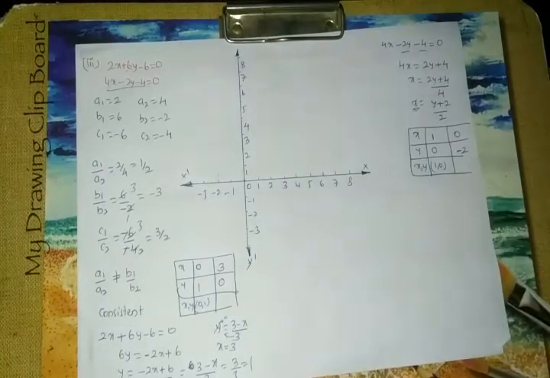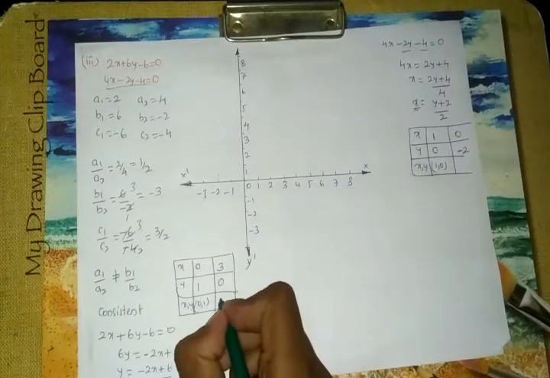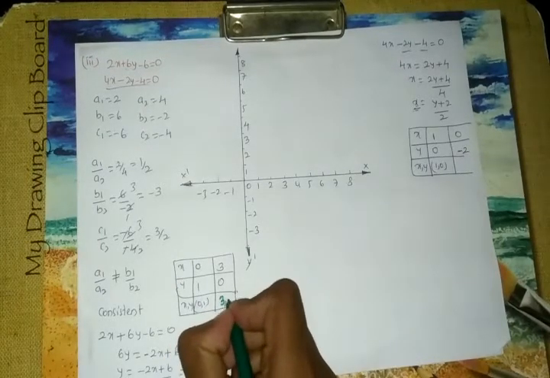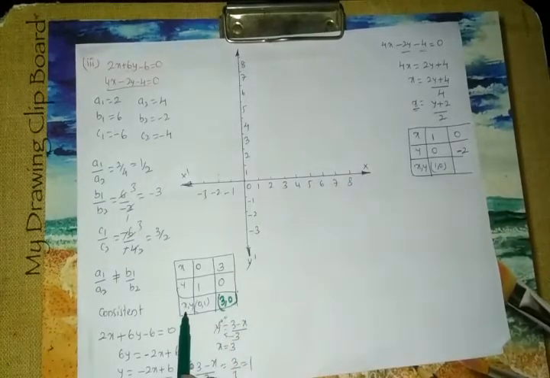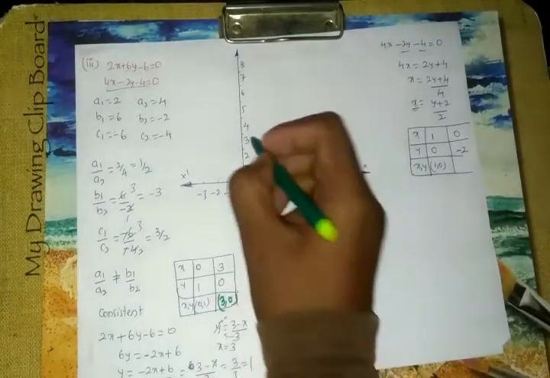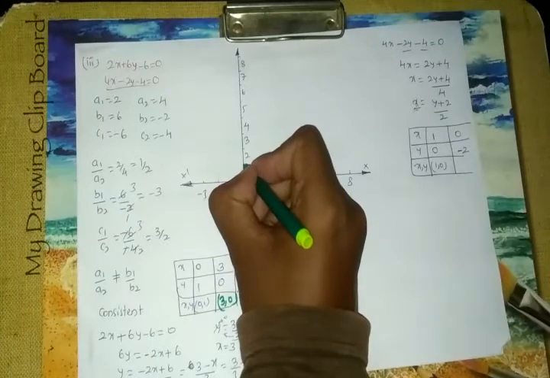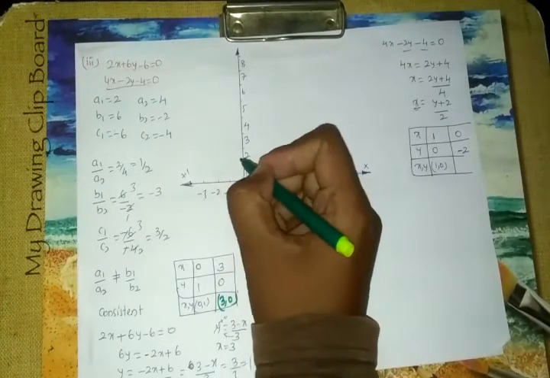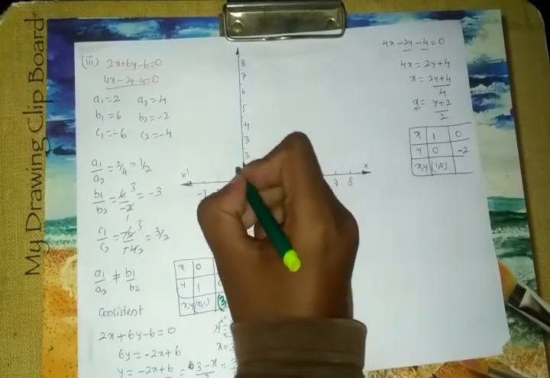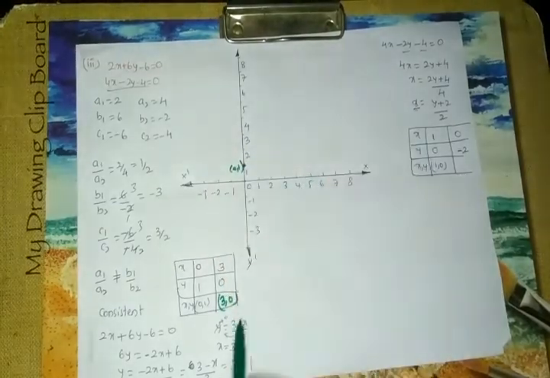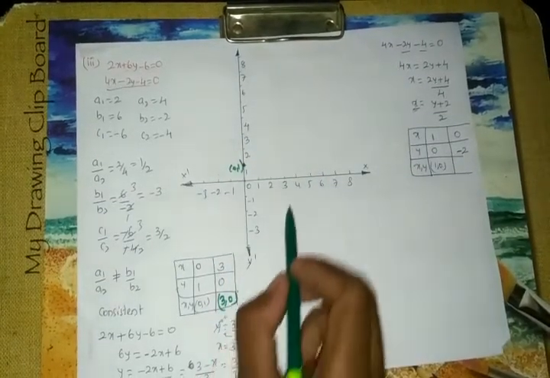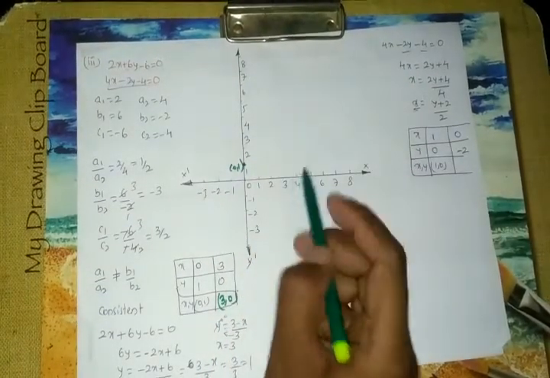Let me represent these points on the graph. So for equation 1, I have got points 0 comma 1 and 3 comma 0. When x is 0, y is 1. I got one point, which is 0 comma 1. And when x is 3, y is 0.